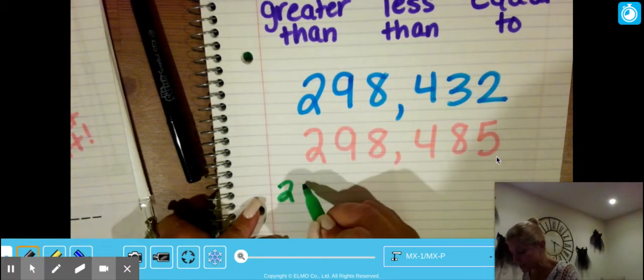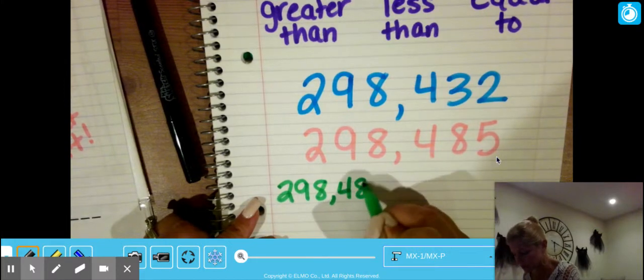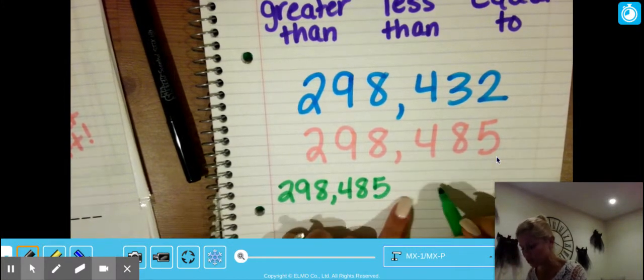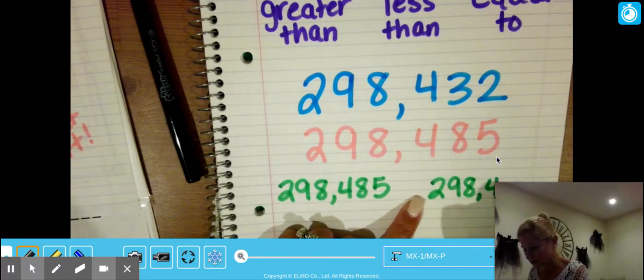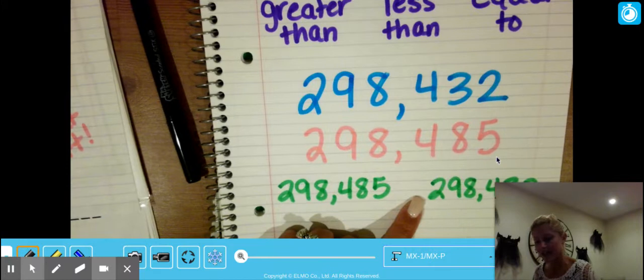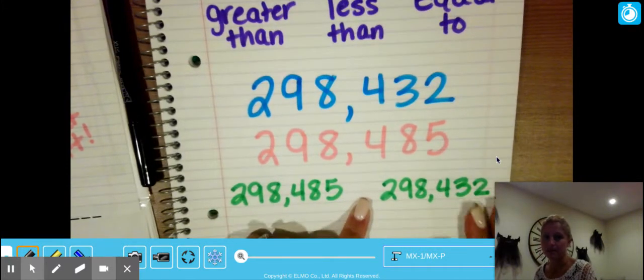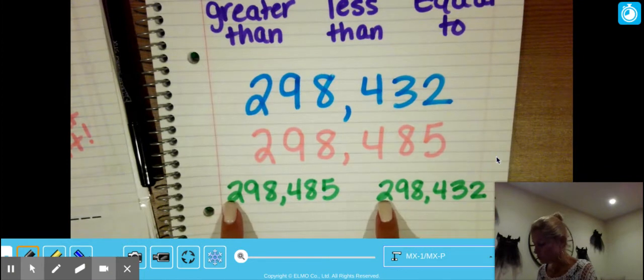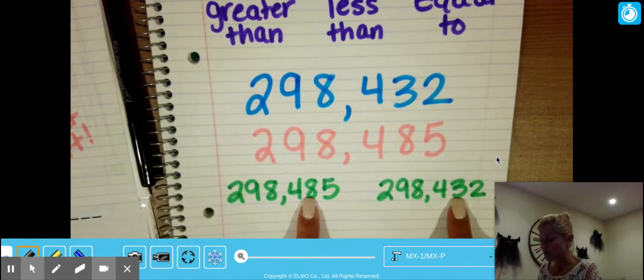So I'm going to write it like this. And it's sometimes a little bit clearer to be able to write it like this. If I had these two numbers side by side, it would look like that. And I would be asked to write a symbol in the middle. So I have my 2s, my 9s, my 8s, my 4s. Oh, bingo! An 8 and a 3.